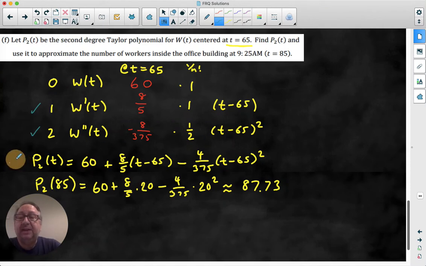So that gets us our polynomial 60 plus 8/5 polynomial minus, I canceled the 8 and the 2, there's my 4, 3/75 t minus 65 squared. To use that to evaluate P2 of 85, when I substitute in the 85s for t, these quantities become 20s. So I just evaluated all of this out, used a calculator, 87.73.